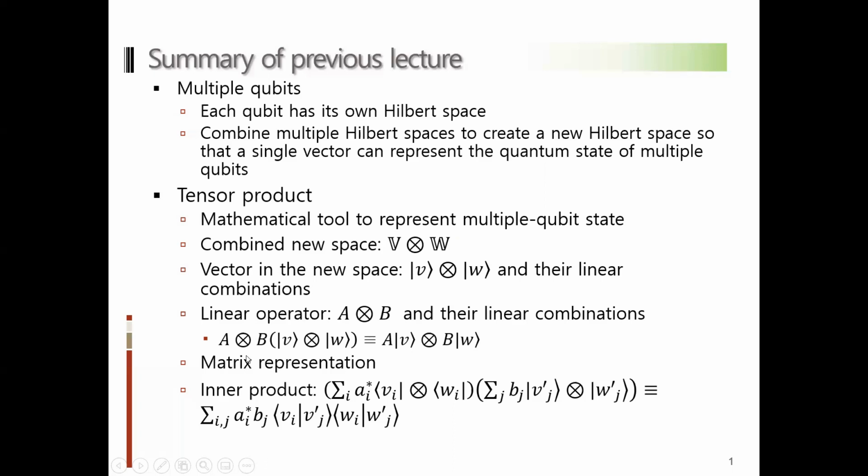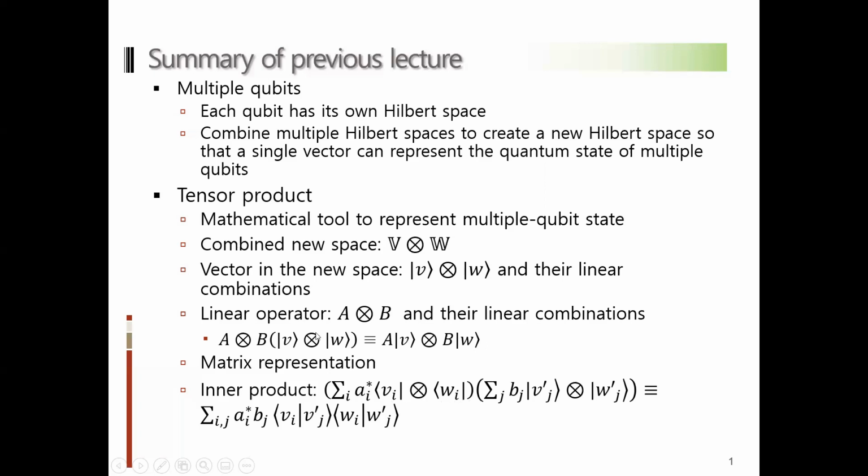Finally, to be a good Hilbert space, which means a vector space with an inner product, we also need to define the inner product. The natural extension of the inner products in the primitive vector spaces is done this way. Similar to the linear operator rule, the bra vector corresponding to this new space would also look like this kind of tensor product.